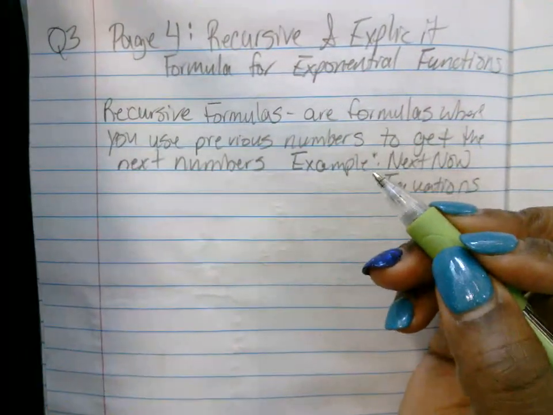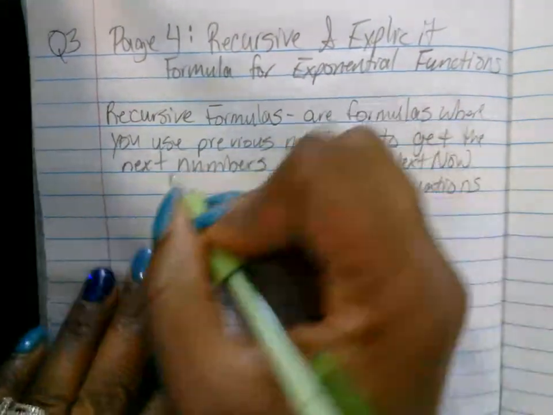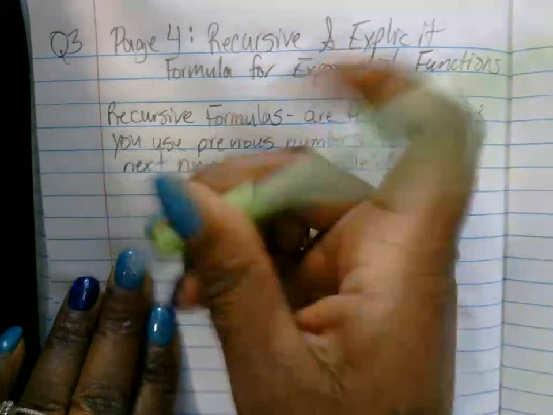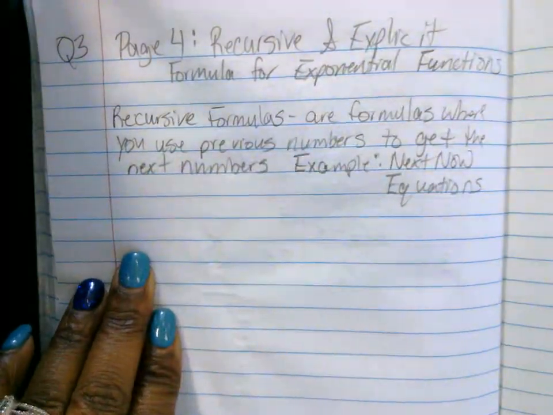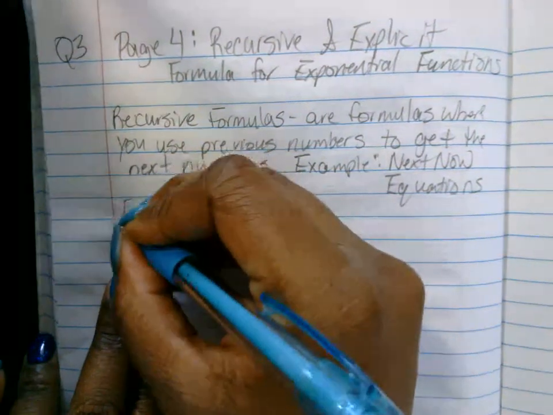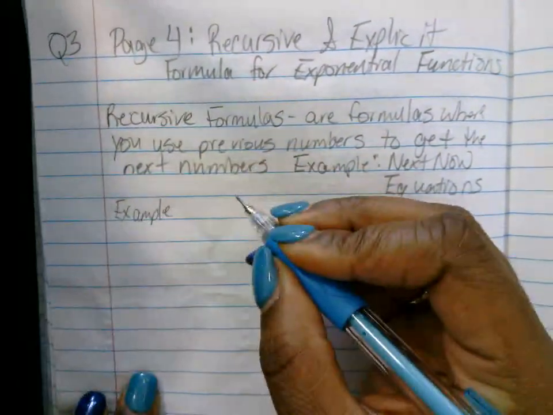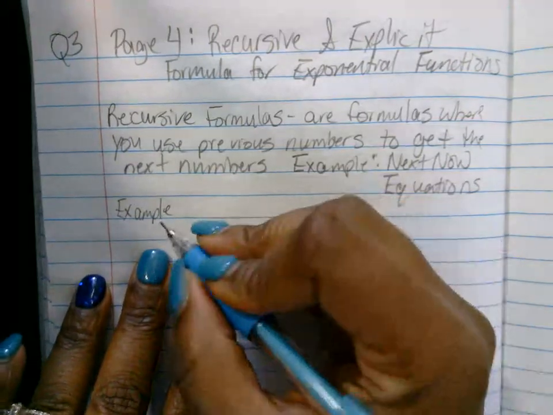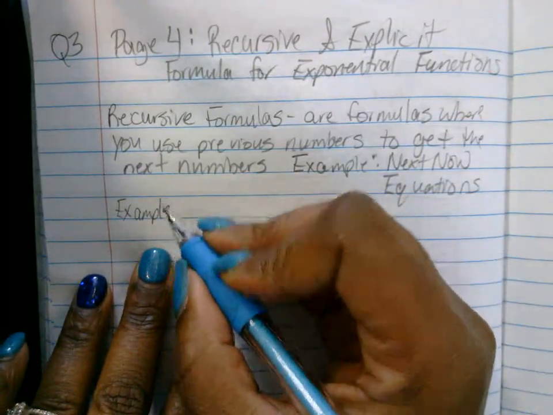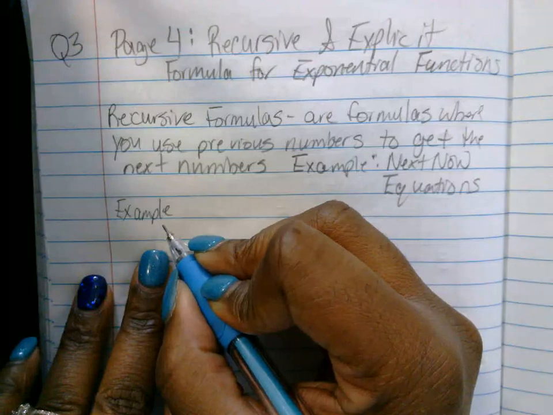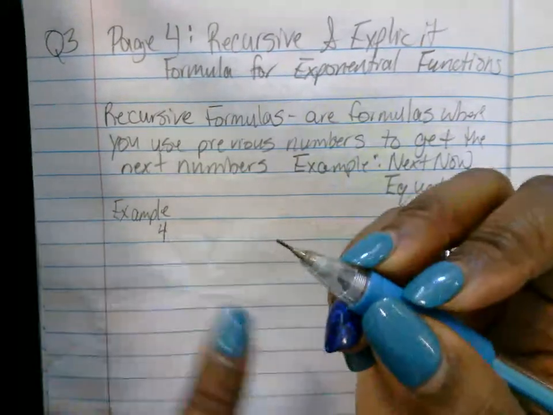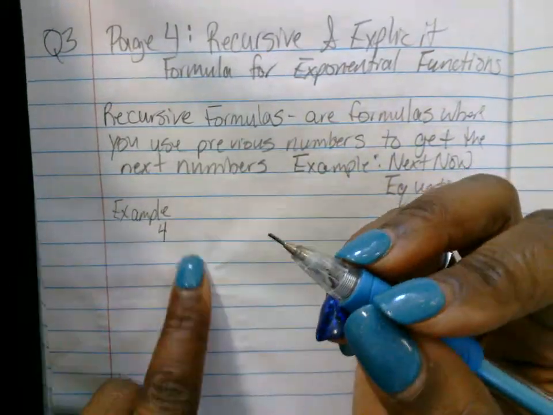If I have an exponential function, let's do a really easy sequence. We're doing geometric. Let's start with a small number like 4, okay? And let's multiply by 3 every single time.